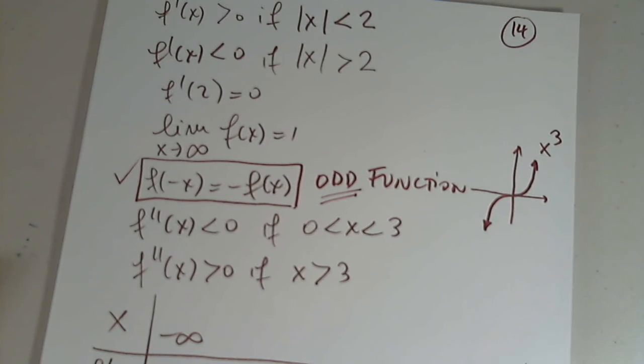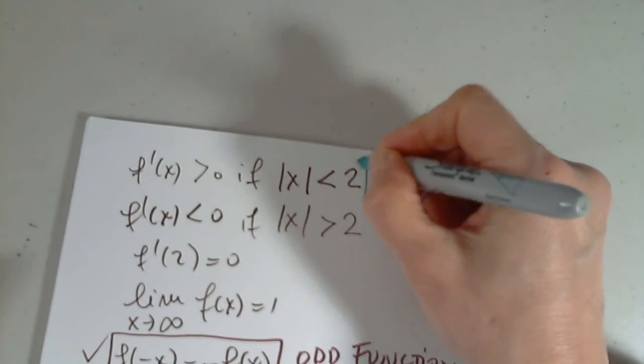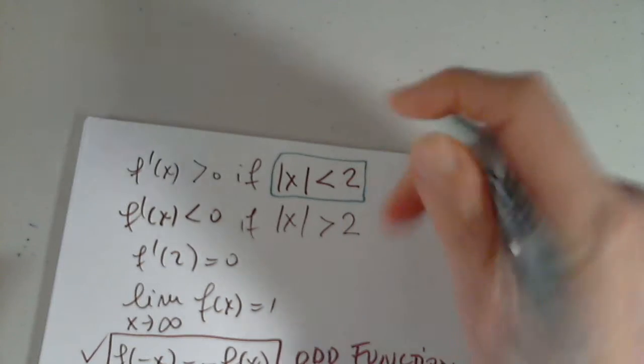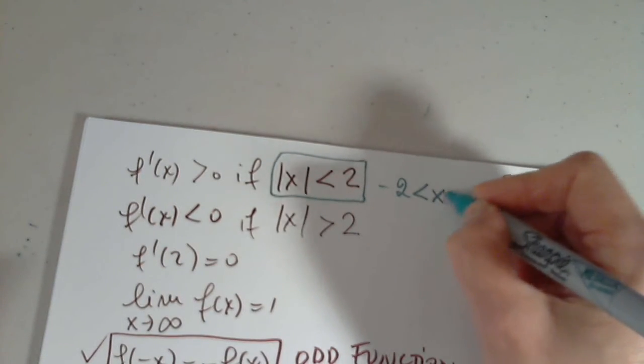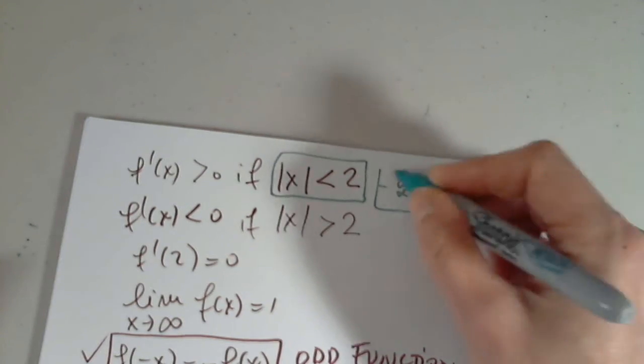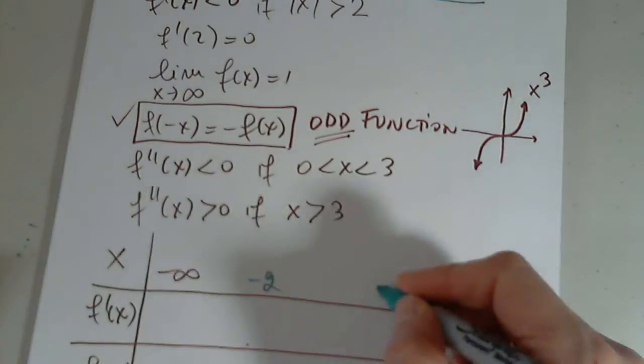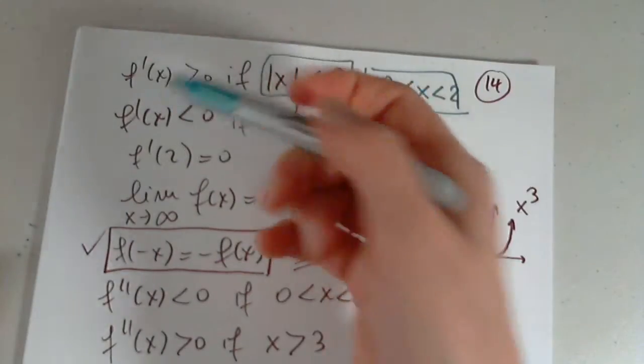Next, we need to remember what this means. When the absolute value of x is less than 2, it means between negative 2 and 2, the first derivative is positive.